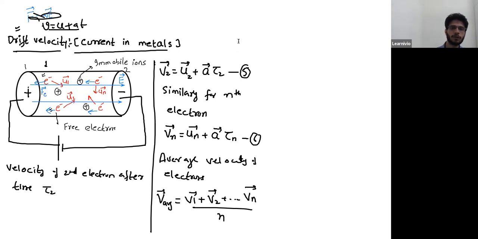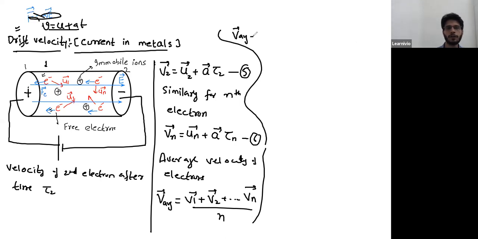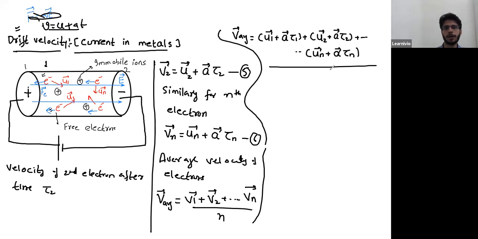I can substitute the values of V1, V2, Vn here. I can write V average as V1, which is U1 plus A tau 1, V2, U2 plus A tau 2, Vn, Un plus A tau n, divided by n.